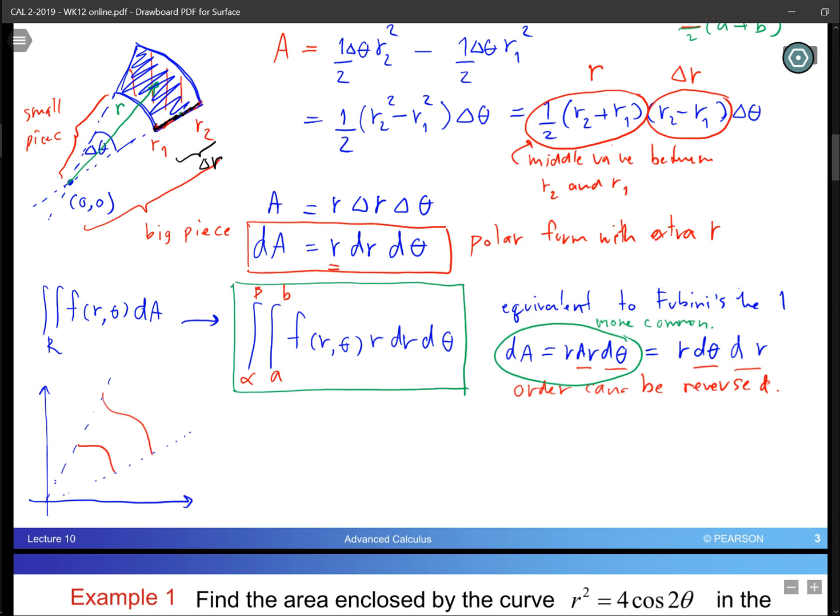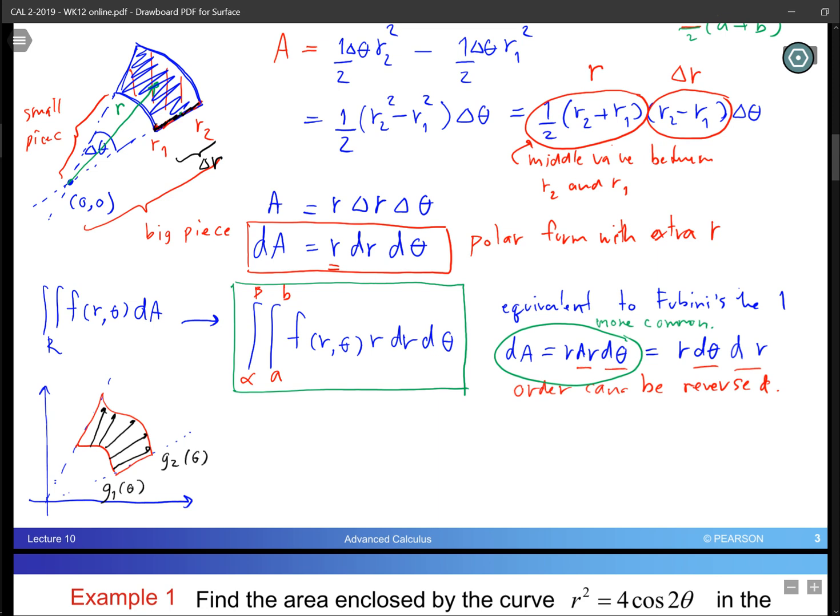It's possible. With this kind of shape, you can't just specify r to be a constant, because in this case you sweep from the inner curve to the outer curve, all the way through. It's no longer just a and b like before. We sweep from the inner curve, which we call g1 theta, to the outer curve, which is g2 theta.